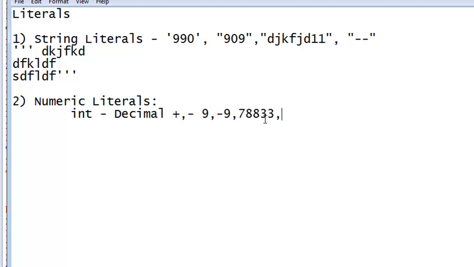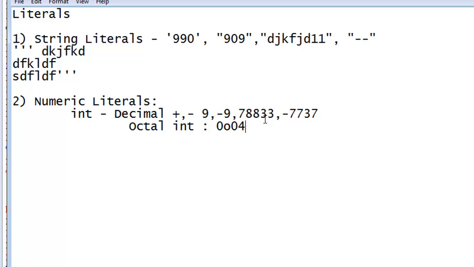Then we have octal numbers or integers, and these start with 0 and a small o, then we can specify the numbers, and they can contain only digits 0 to 7.